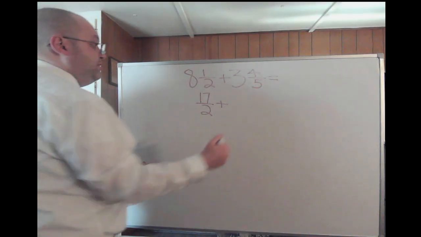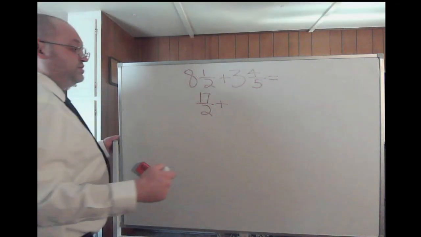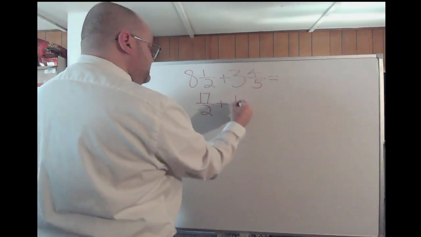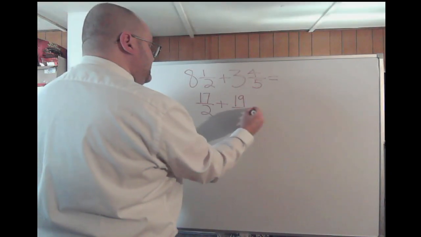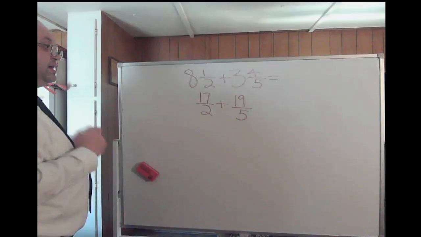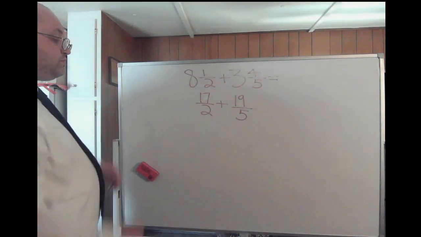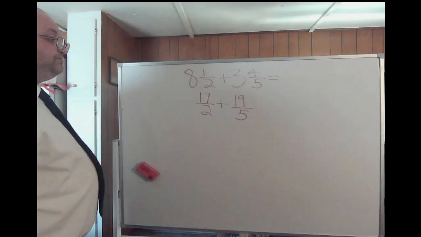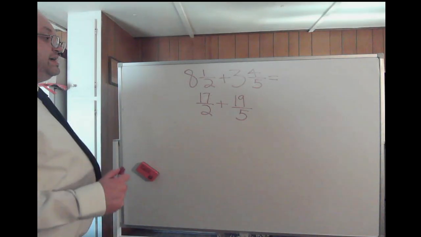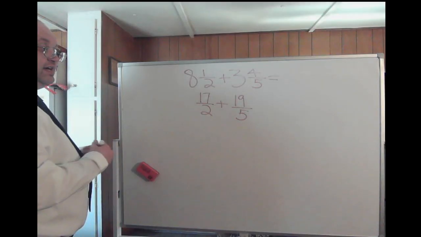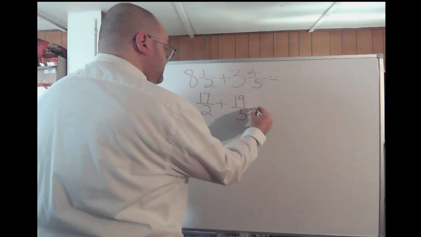Plus, I would also convert that 3 4/5 into an improper fraction. So you'd have 5 times 3 is 15, plus 4 is 19. So you'd have 17 halves plus 19 fifths. Well, what I would do next is find your least common denominator between 2 and 5, which would be 10.